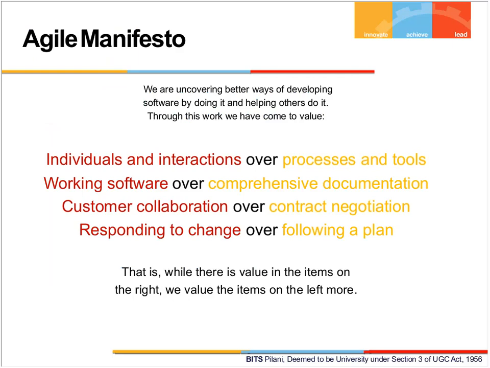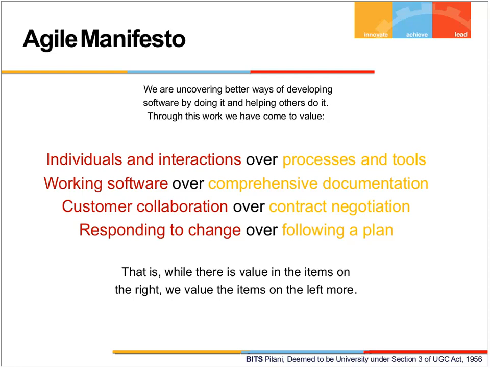So this Agile Manifesto was written in the year 2000, right? And as you remember, in one of the previous slides, I showed you that the Object Management Group, or OMG, came up in 1997.